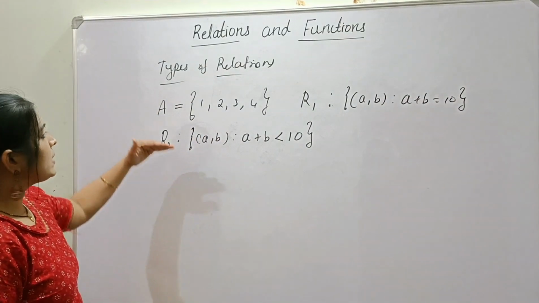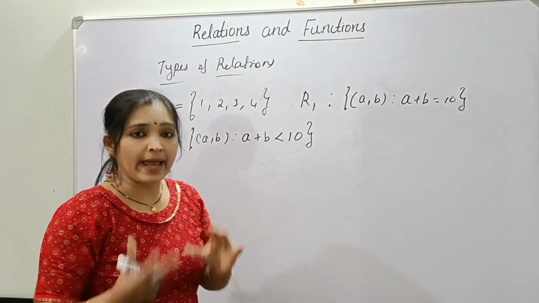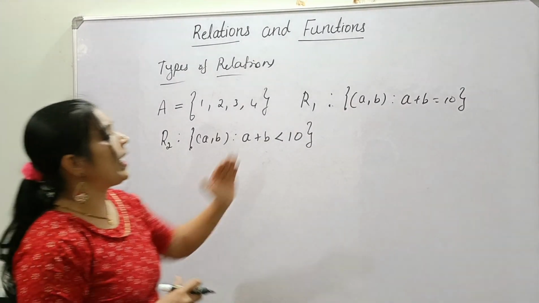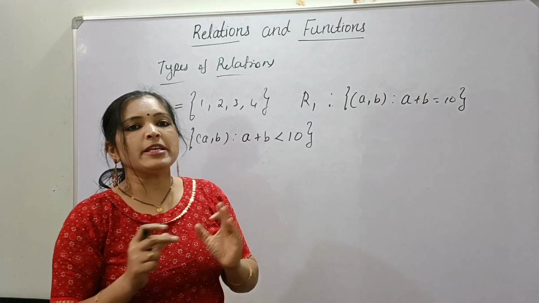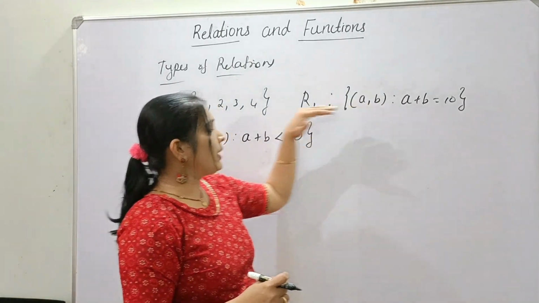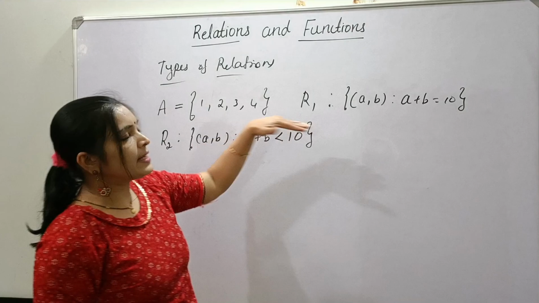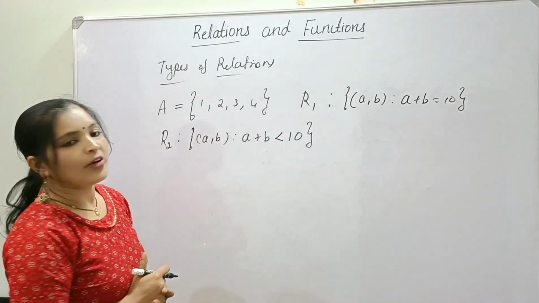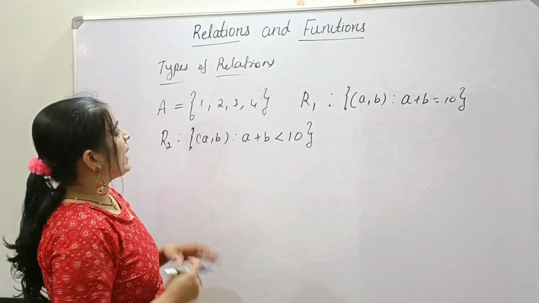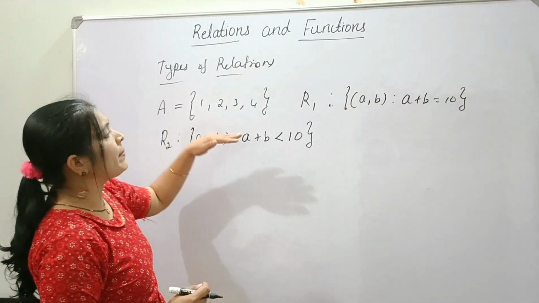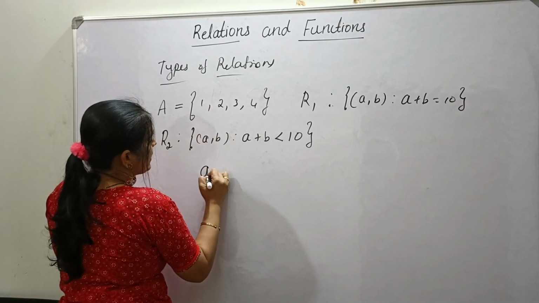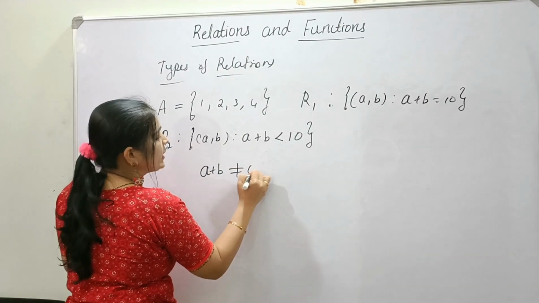Now let us see what about R1. What are the elements of R1? R1 is the set of (a, b) such that a + b = 10. Here we observe that for any two elements in this set, a + b is not equal to 10. Why? Because 1 + 2 is 3, 2 + 4 is 6, 3 + 4 is 7. So for any two elements, a + b is not equal to 10.